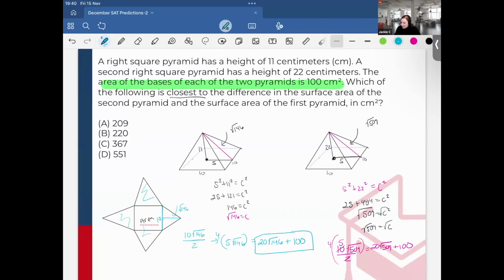So I can see that the difference between the total surface area of the smaller pyramid and this one is essentially the square root term in between them. So now I'll just calculate the difference of that. And just to show, whipping out Desmos here.